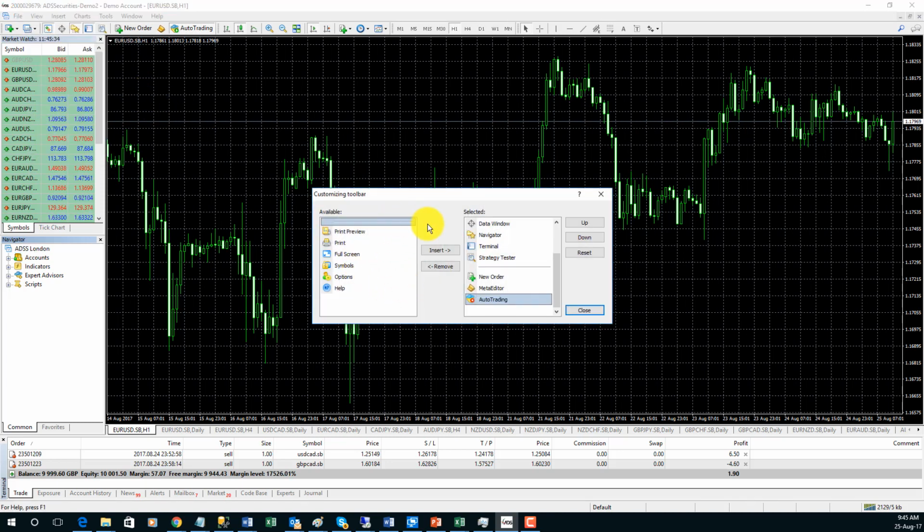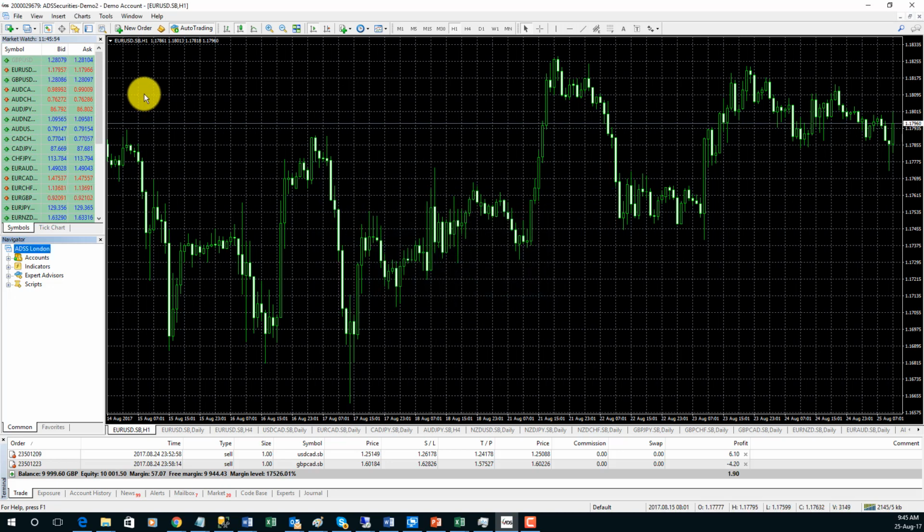You can customize your toolbars, move things around by using, for example, insert, remove. So you can build your own custom toolbar. So if you need to build tools that are easily accessible, you can do that. To be honest, I leave mine as they are. Don't see any need to build unnecessary complexity into the platform.